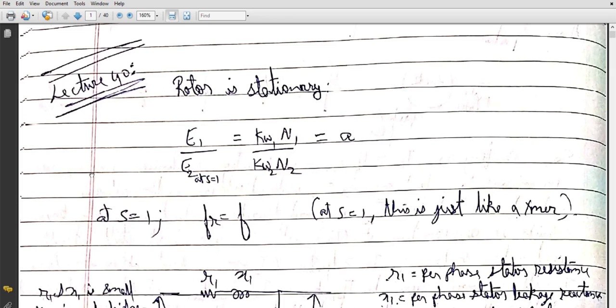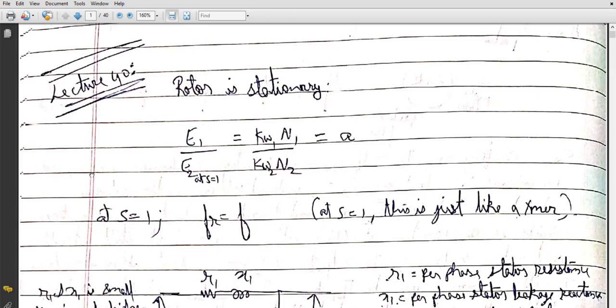In today's lecture, we will continue with the rotor structure. We will derive a few things so that we are able to draw the equivalent circuit of an induction machine.